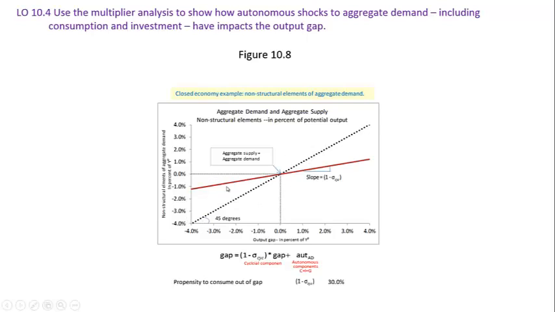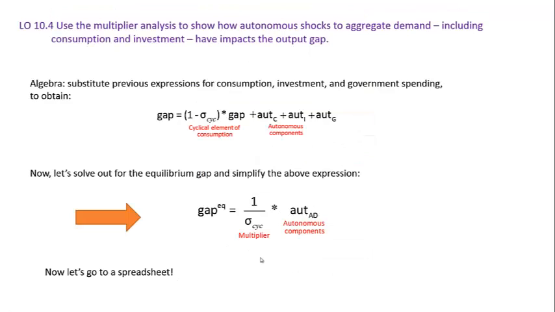Now what about this red line? The slope of this red line is actually the marginal propensity to consume out of the gap, because it tells us that as the output gap increases, households will increase their expenditures. And we learned that that's the cyclical component of consumption. Now let's do a little bit more algebra here.